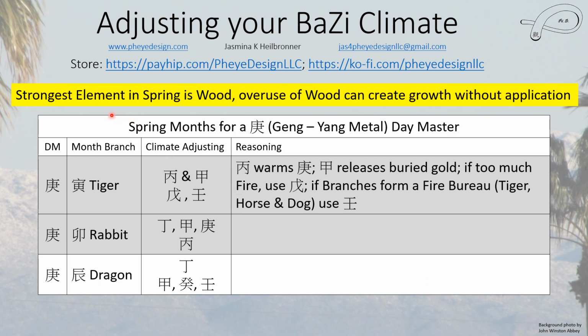So again, in the spring, wood is the strongest. Metal chops wood, so metal is slightly weakened in the spring because it's being used up to deal with the strong wood of the season. And of course, if you have too much wood, you tend to be able to just learn and never apply anything.